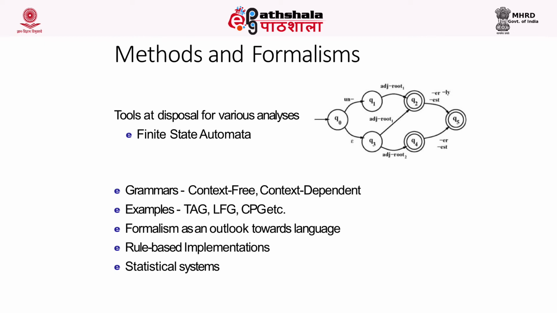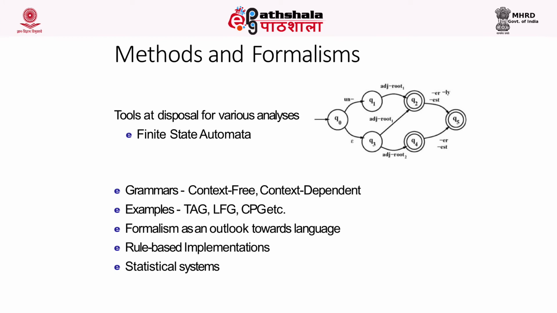The kind of grammars that are available for developing computational models are considered to be of two types, one context-free and the other context-dependent. Phrase structure grammars, for example, are context-free grammars because on one side you don't have any context, you just have rules.